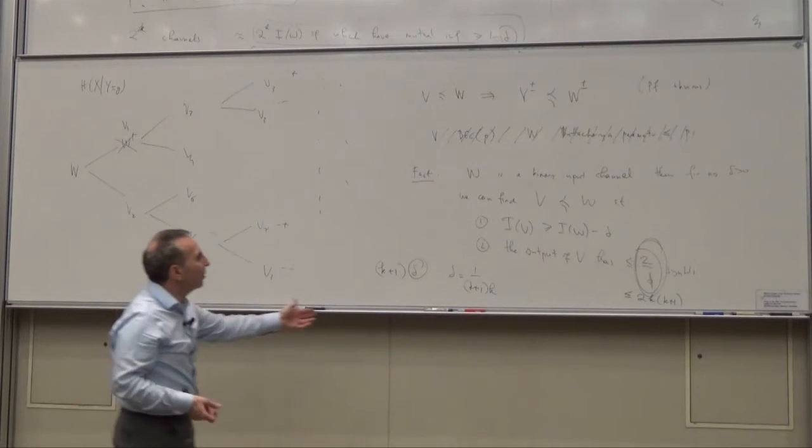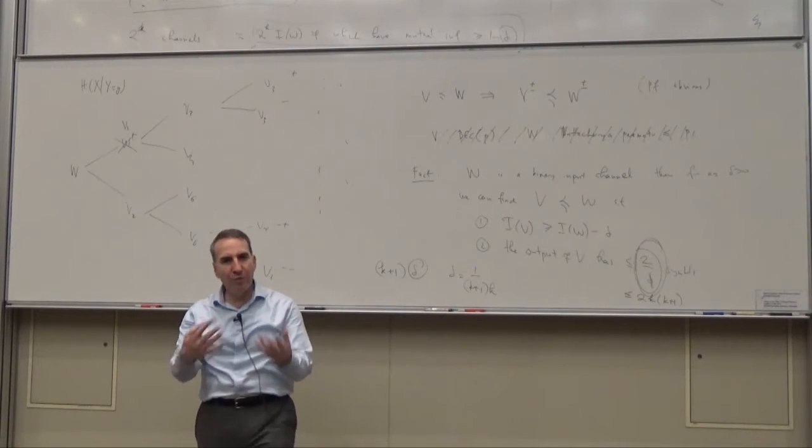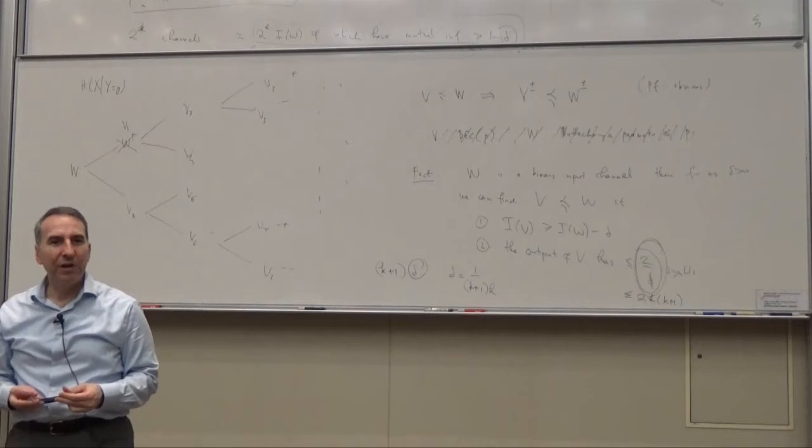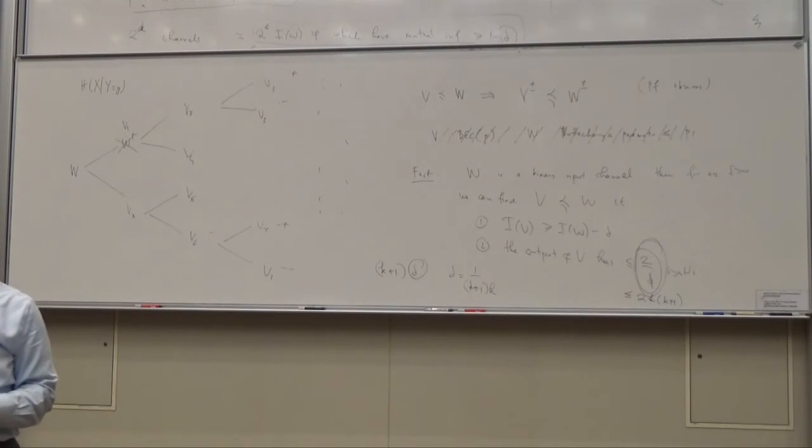And by doing so, I haven't lost too many good channels. I don't mislabel too many of the good channels to be bad. So I can still achieve capacity by this process. I can find almost all the good channels with small computational effort. So the code design problem is also reasonably simple.